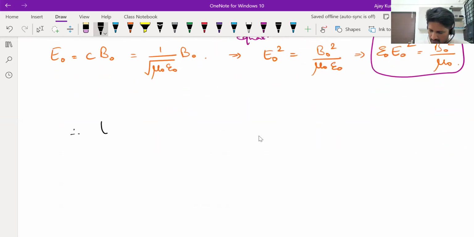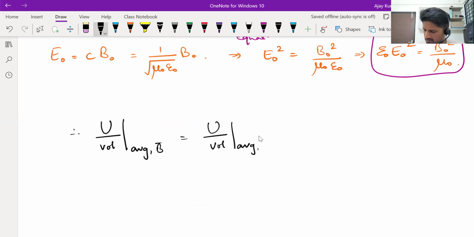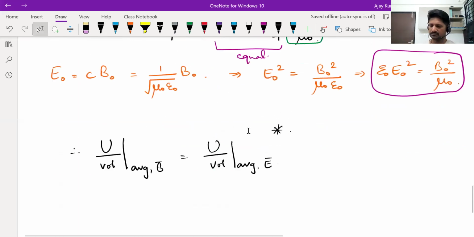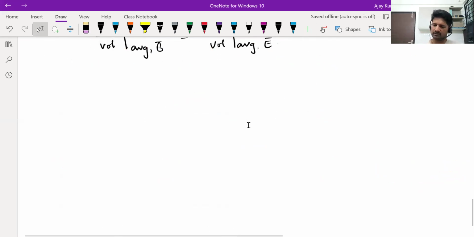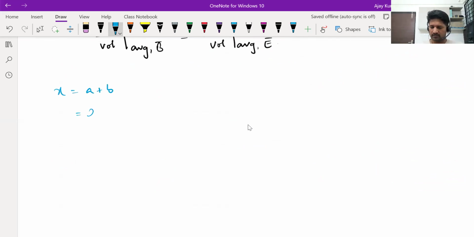Therefore, energy density average in the magnetic field of an EM wave is equal to energy density average in the electric field of the EM wave. This is very important. And if these two terms are equal, you can add them up and write it as 2 times the first term or 2 times the second term. It's like you have some x is equal to a plus b, and if a and b are equal, you can write it as 2a.